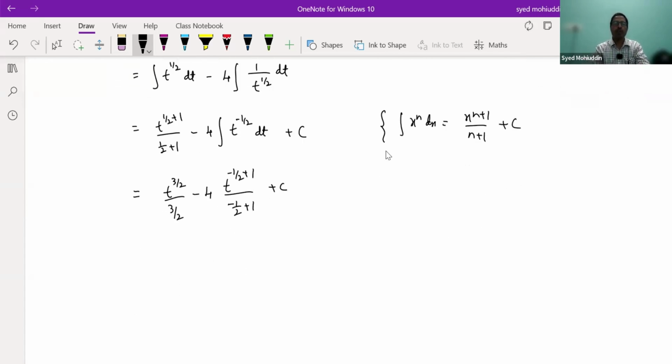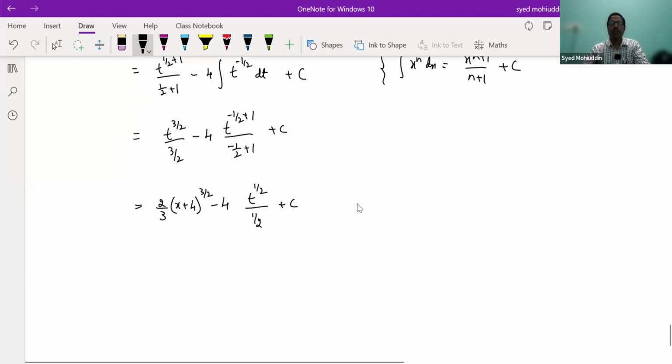Simplifying further, 3 by 2 in the denominator becomes 2 by 3 in the numerator, and the t that I have taken here is x plus 4. So it becomes x plus 4 to the power of 3 by 2, minus 4 times t power of 1 minus half, which is half only, divided by the denominator, also 1 minus half, which is half only, plus c.